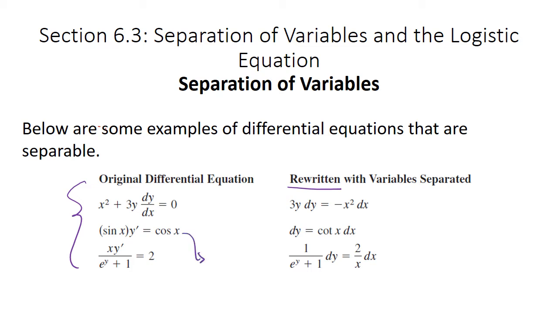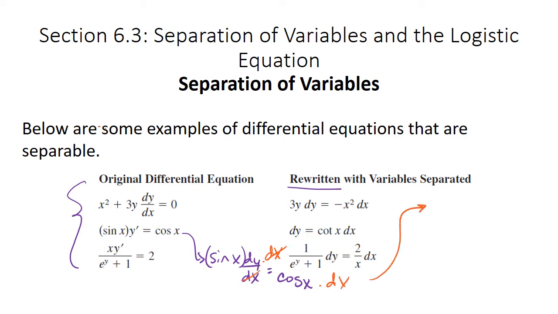So in this case, we can write this as sine of x dy dx is equal to cosine of x. And if it is written this way, what we can do is multiply both sides by dx. So the dx cancels over here.